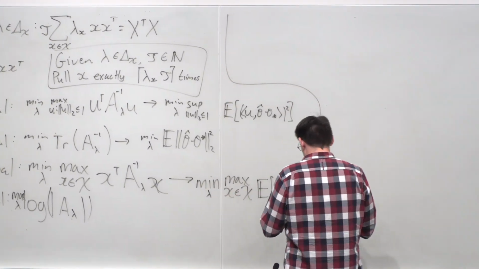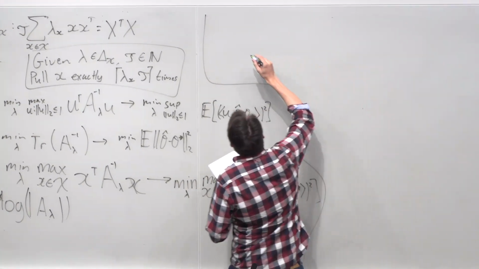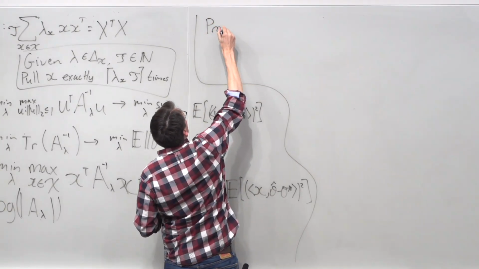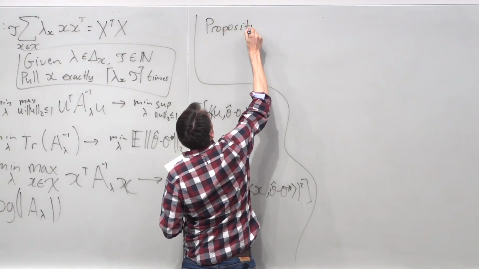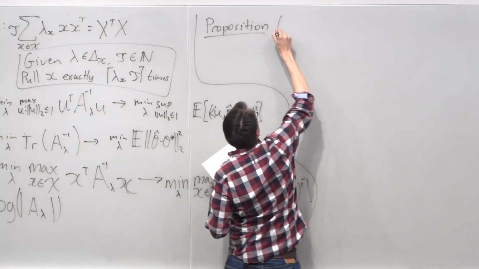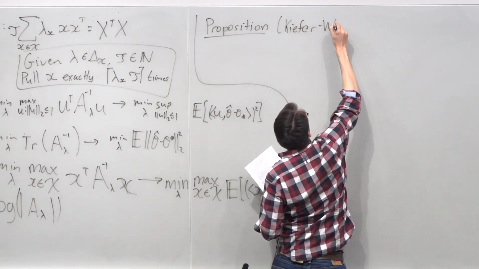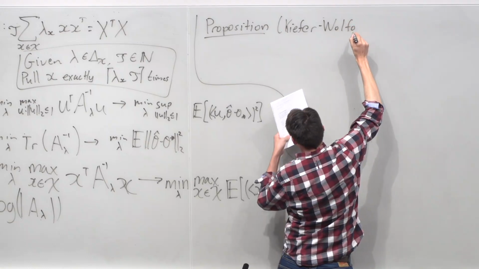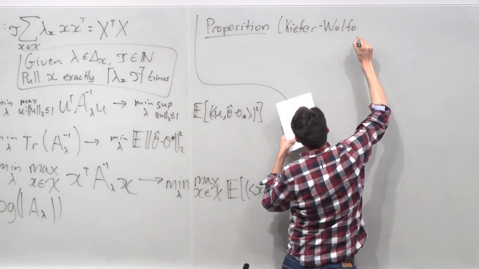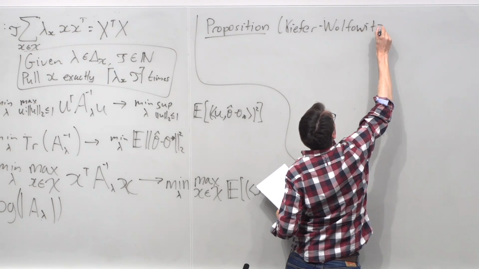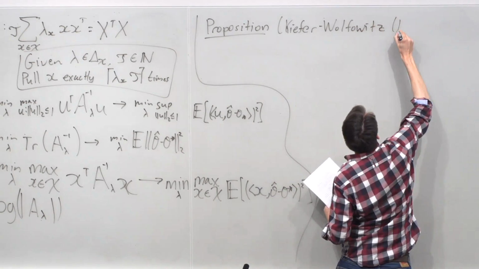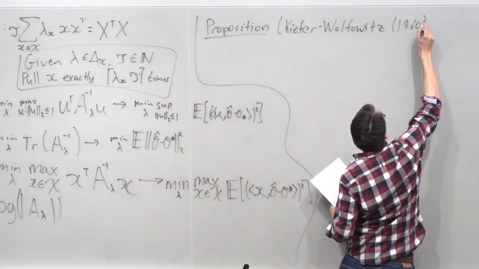Now, the big reveal. So this is all very nice. But one of the most famous results in experimental design is the Kiefer-Wolfowitz theorem.